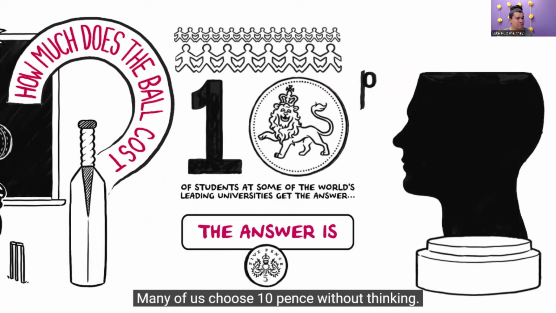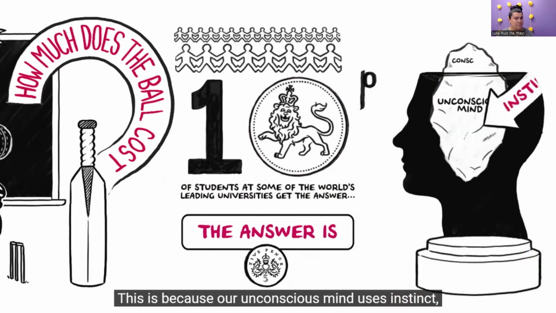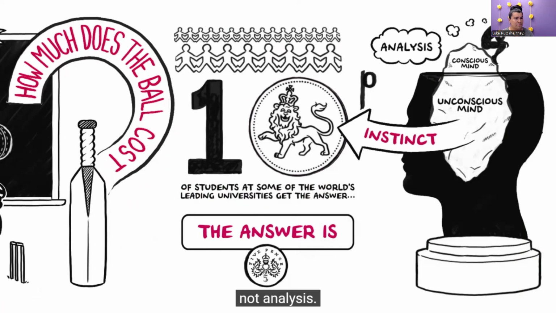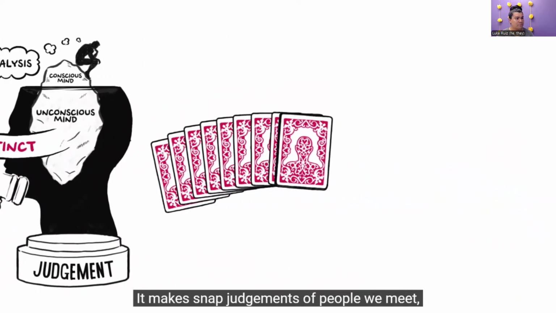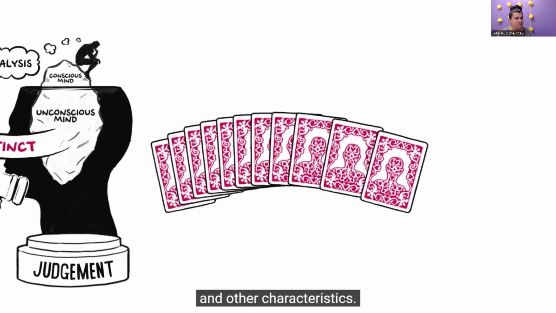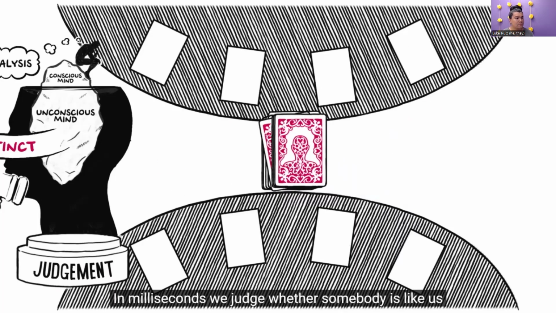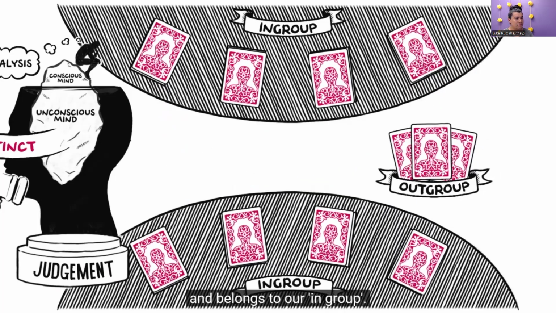Many of us choose 10 pence without thinking. This is because our unconscious mind uses instinct, not analysis. So our unconscious is fallible. It's also biased. It makes snap judgments of people we meet, categorizing them according to gender, social and other characteristics. In milliseconds, we judge whether somebody is like us and belongs to our in-group. These are the people we favor.